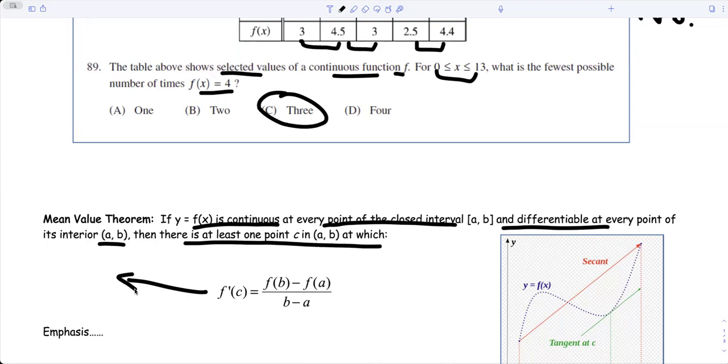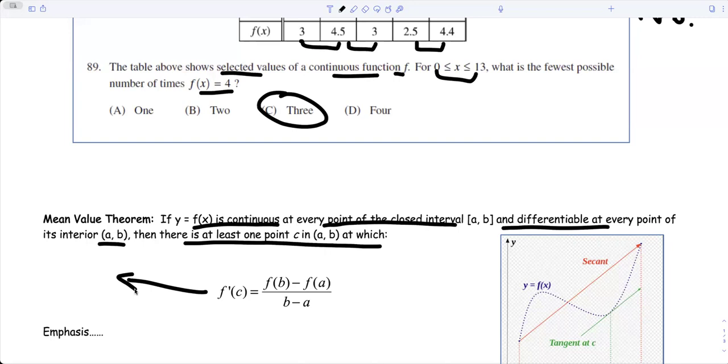It's a derivative, or another way to say that would be the slope of the tangent line, or another way to say that would be the instantaneous rate of change. I like that one because I call it IROC.